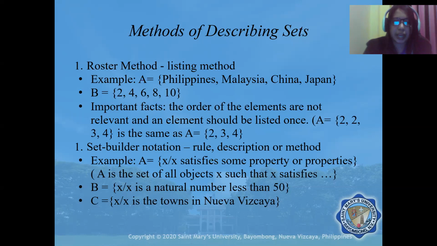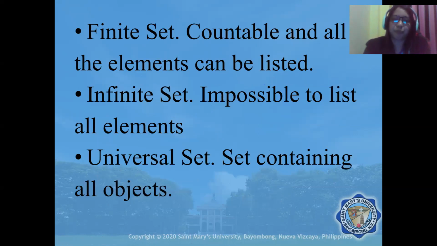And also the example for set builder notation, natural numbers less than 50. We know what the natural numbers less than 50 are, so we can list them. And for set C, we also know the towns in Nueva Vizcaya. So the given examples here are all finite sets.